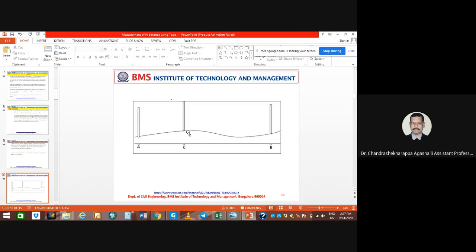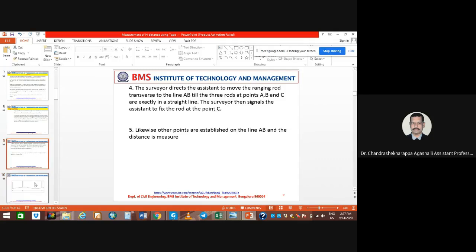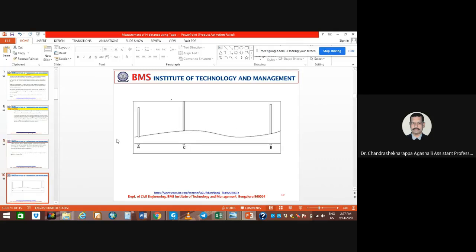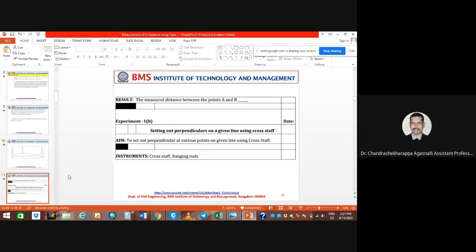This is one method. In plain land, you can do it directly, with no need for intermediate stations. Finally, the result measured between the 2 points A and B, how much it is, you need to measure it and keep it here.